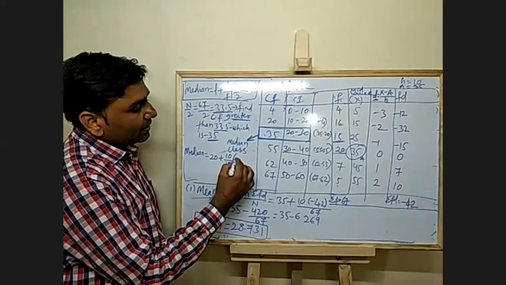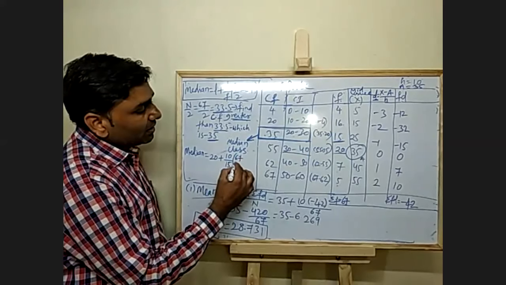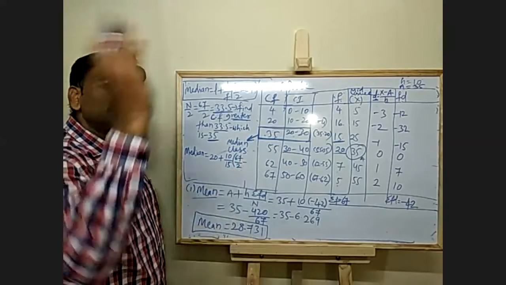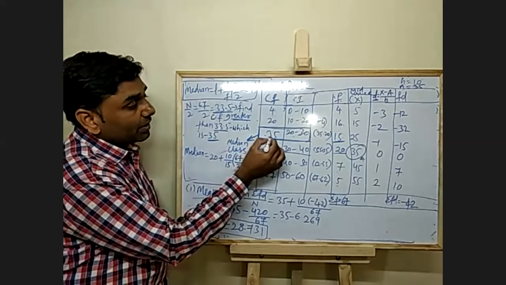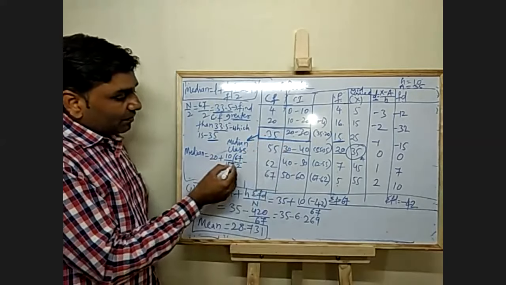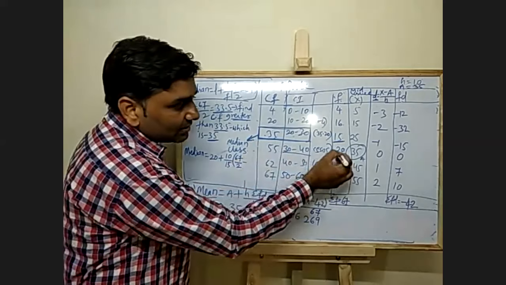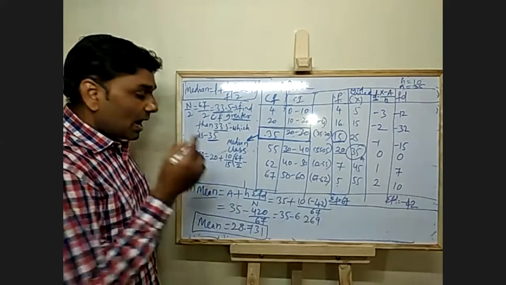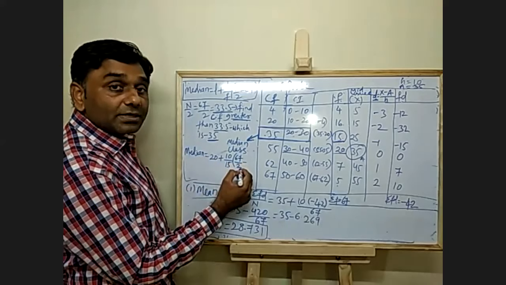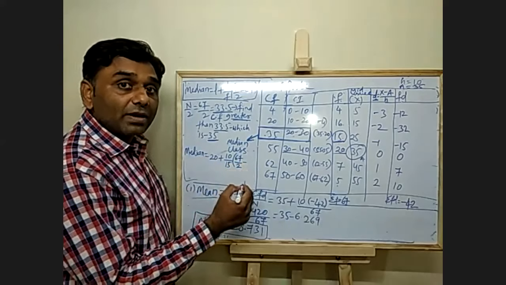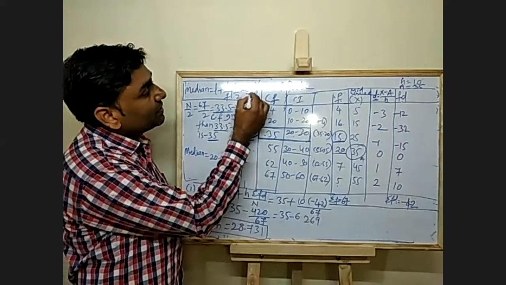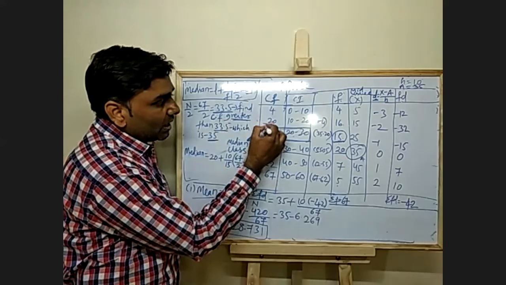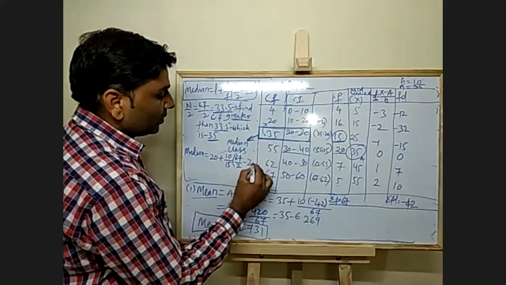In the bracket, N is 67 divided by 2 minus cumulative frequency above that class. That is N divided by 2 minus CF. This CF is cumulative frequency above median class, which is 20.